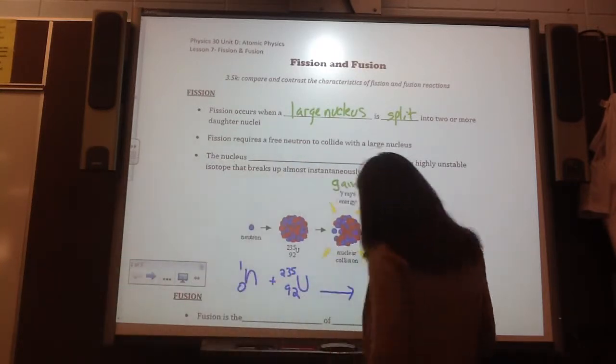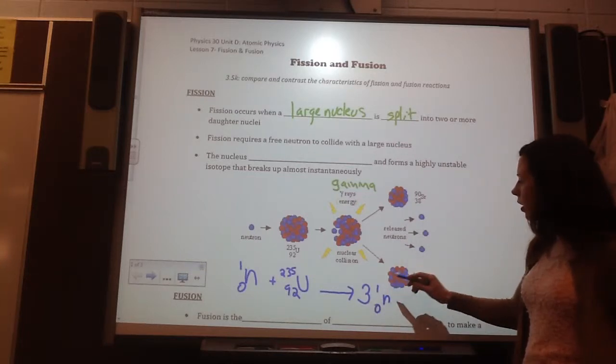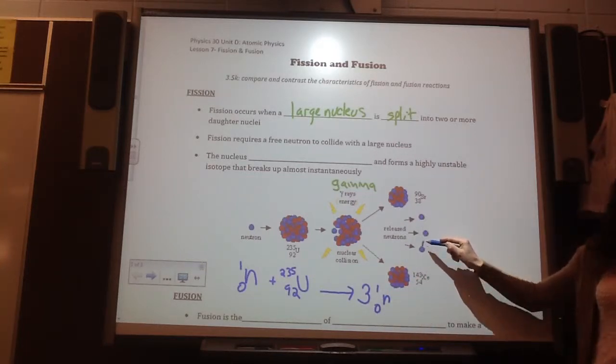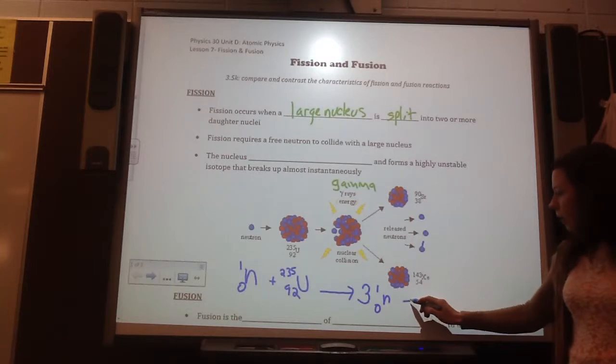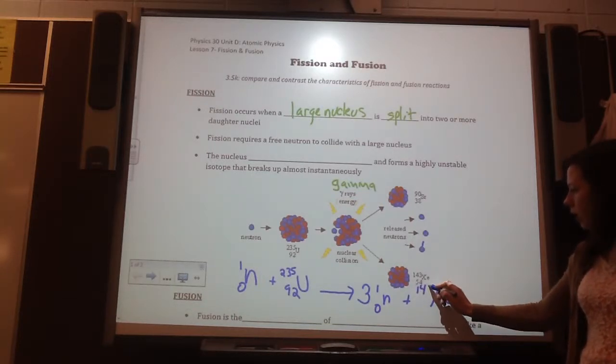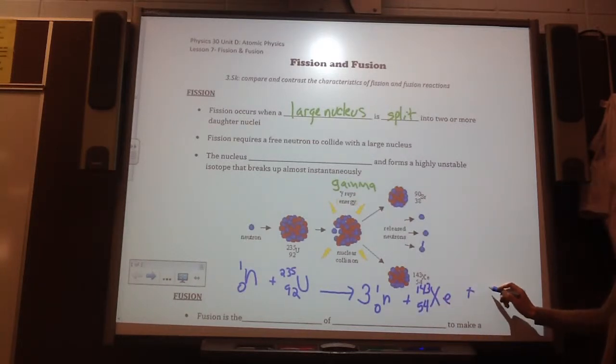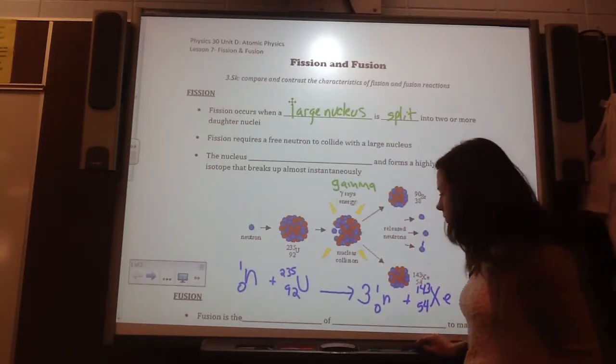This is going to produce 3 neutrons. So here in our example, there's 1, 2, 3. Plus our xenon-143 and 54. Plus our strontium-90 and 38.